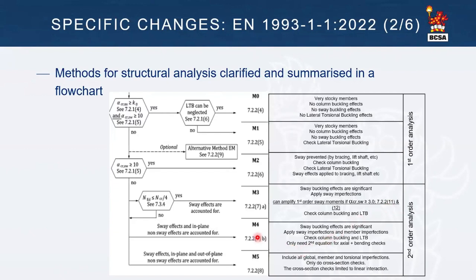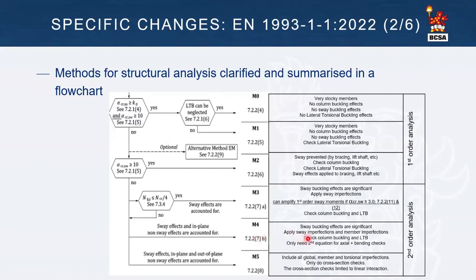Method 4. This is for analyzing structures that are more slender than those allowed in M3. In this case, the sway buckling will be significant. Columns are slender, so you will have to apply both sway and member imperfections. The member imperfections can be applied as shape of the member, or perhaps more conveniently as applied loads along the member with obviously the corresponding reactions at each end.